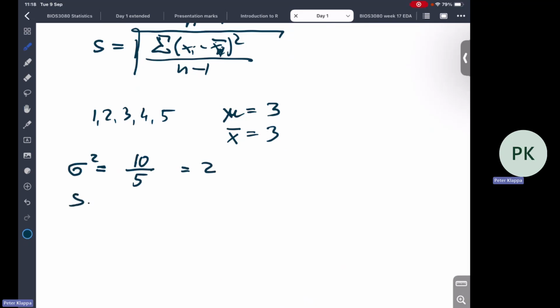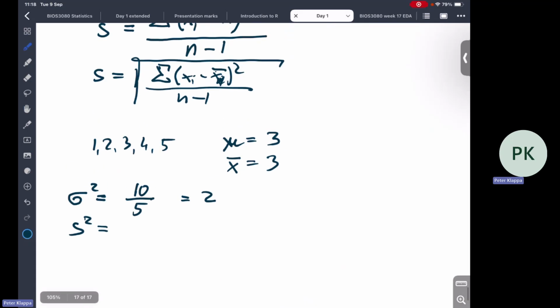Now, s squared would be, it doesn't change the top bit, that's still 10, but now we divide it by 4, n minus 1, equals 2.5. Yeah, and you see it adds quite a little bit to it.